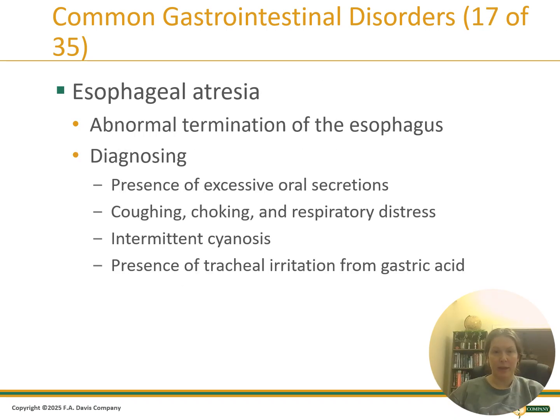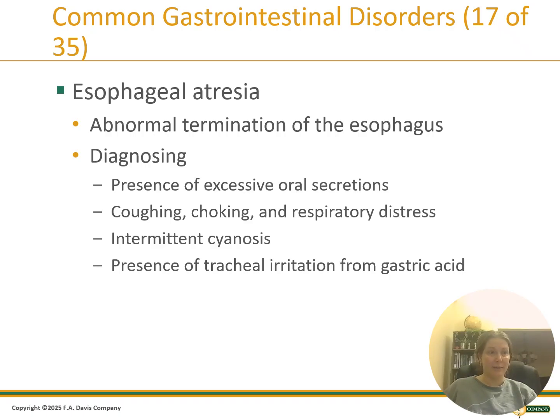Okay, so next we have esophageal atresia. That's where we have an abnormal termination of the esophagus. This is often going to be associated with a tracheoesophageal fistula.